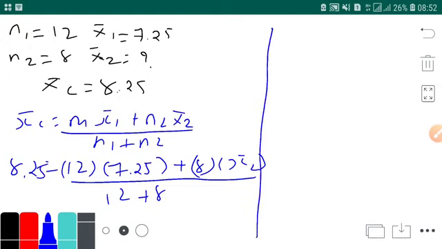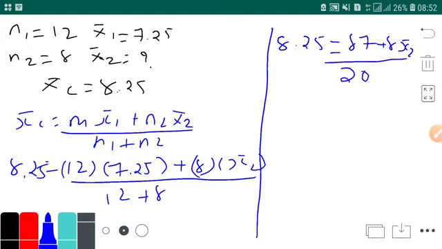Now 8.25 is equal to 12 into 7.25, which is 87, plus 8 x bar 2 as it is, upon 12 plus 8, which is 20.